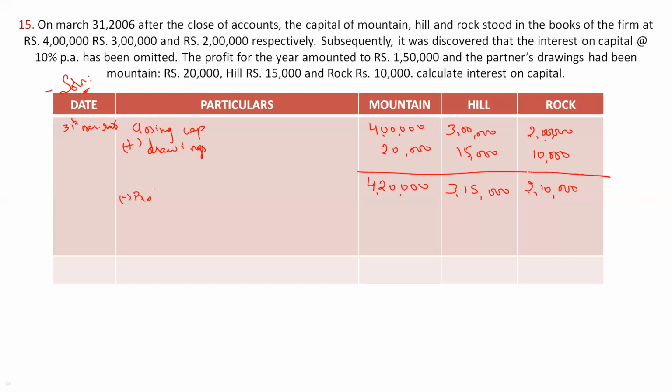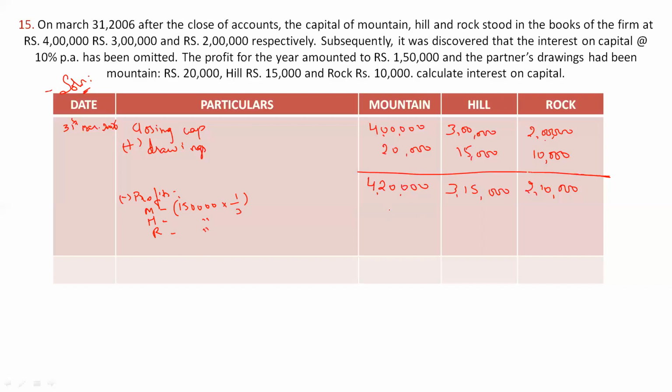Less profits for all the partners Mountain, Hill and Rock. Total profits are rupees 1,50,000 into 1 by 3. We are assuming that all the three partners are sharing profits equally because the profit sharing ratio is not given. Out of 3 shares, Mountain is having 1 share. Similarly we will write for Hill and Rock also.